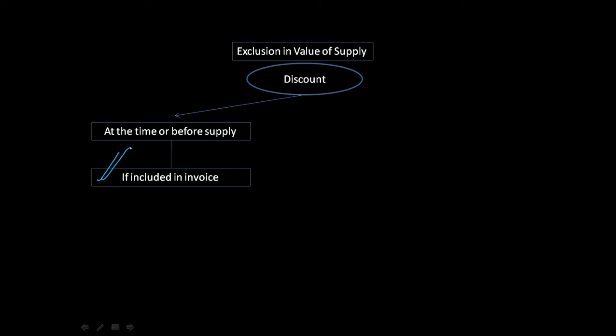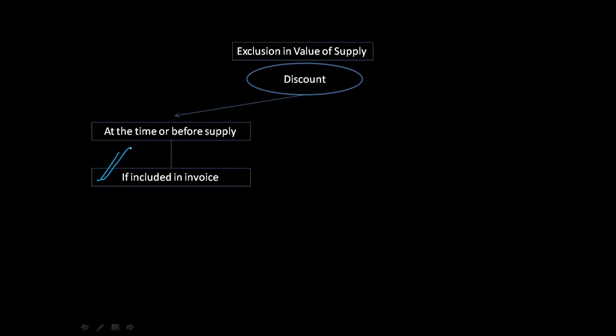Usually when you go to buy phones you will find that happening a lot. That used to happen previously, but now this condition has been given that if you want to reduce the value of supply, why reduce the value of supply? Because it will ultimately reduce your tax burden. So if I can reduce it, it is to my benefit.